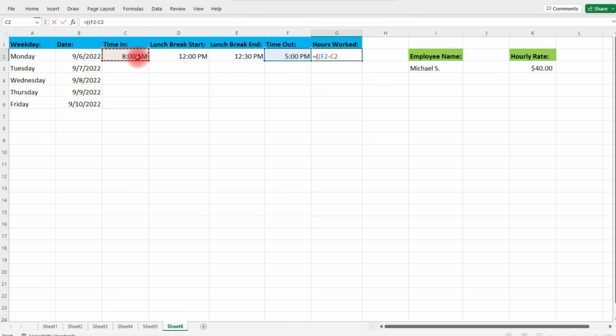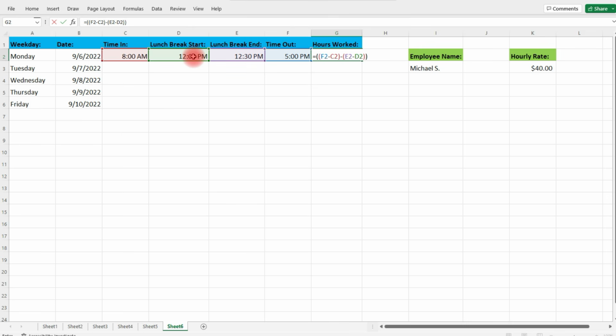So that will give us the total hours worked without taking into account the lunch break. So that's 9 hours right there. Next, we're going to subtract that by his lunch break, and that's going to be cell E2 minus cell D2. So I'm going to close the parenthesis and close it again.